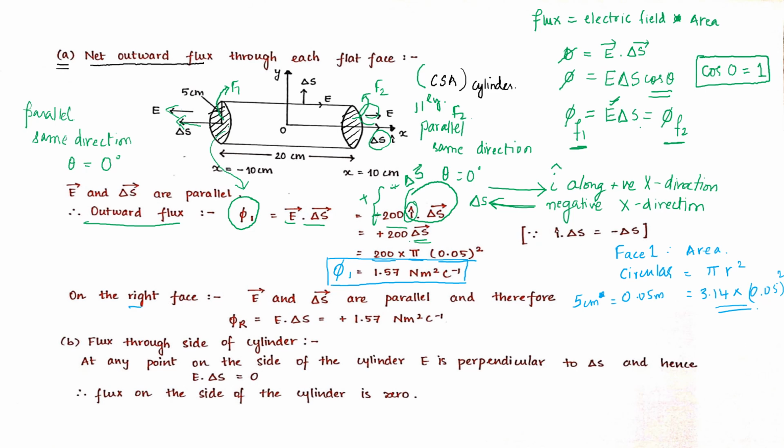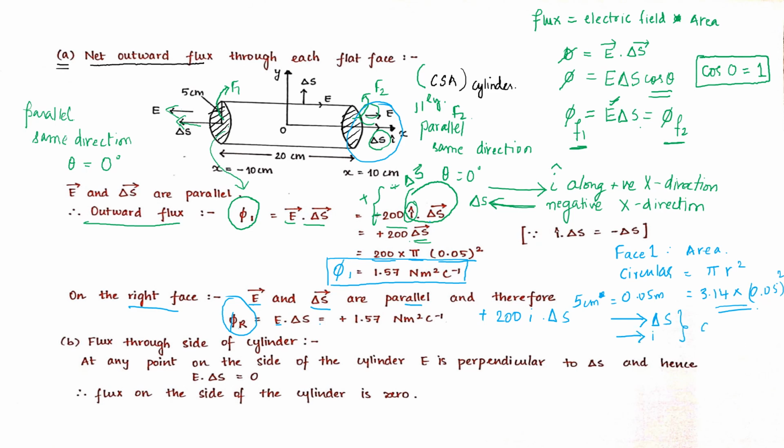Similarly on the right phase, here in this case E and del S are parallel, and therefore this flux at the right is given as E del S. Similar in this way, our value is 200 I dot del S. Here in phase 2 del S is in this direction, I is also in this direction.